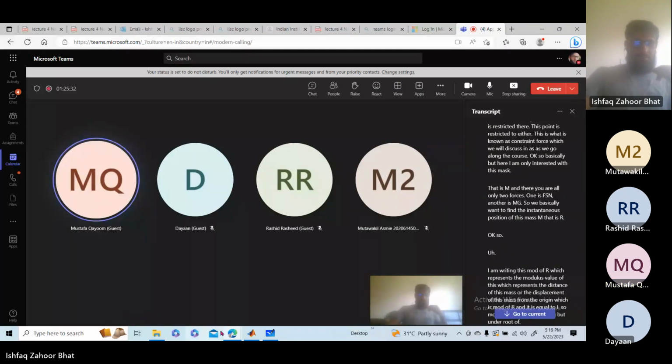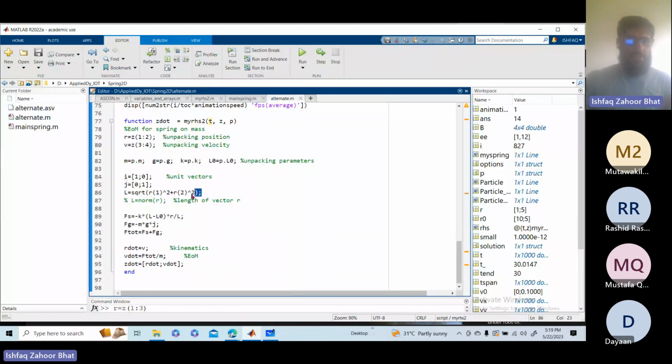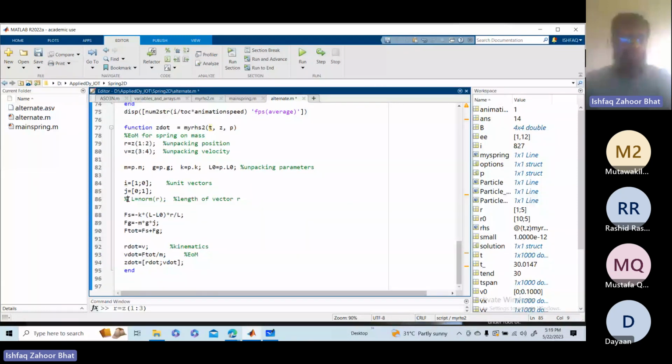Okay, so let's proceed. Let's erase this line again, because norm is better. Not better, I think it is good to see. Okay. Now we have everything. So basically, if we know what z is, we can unpack it like this and calculate z dot.